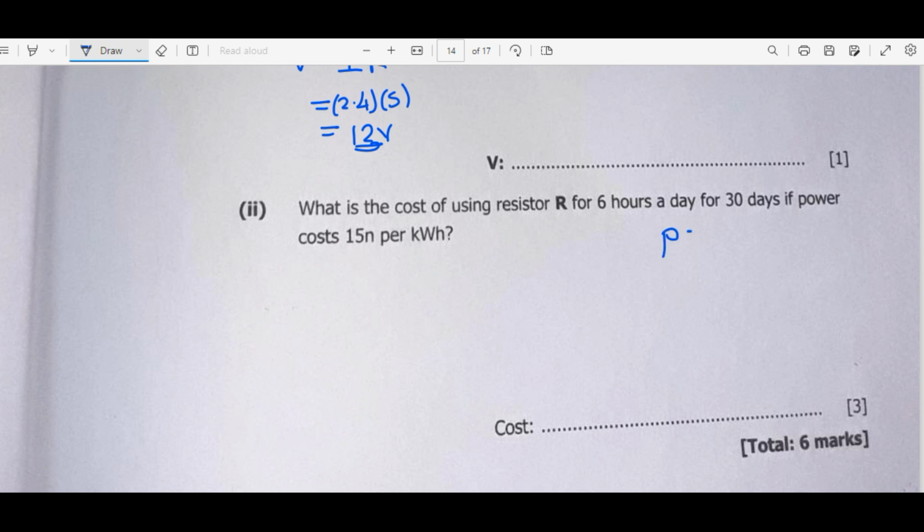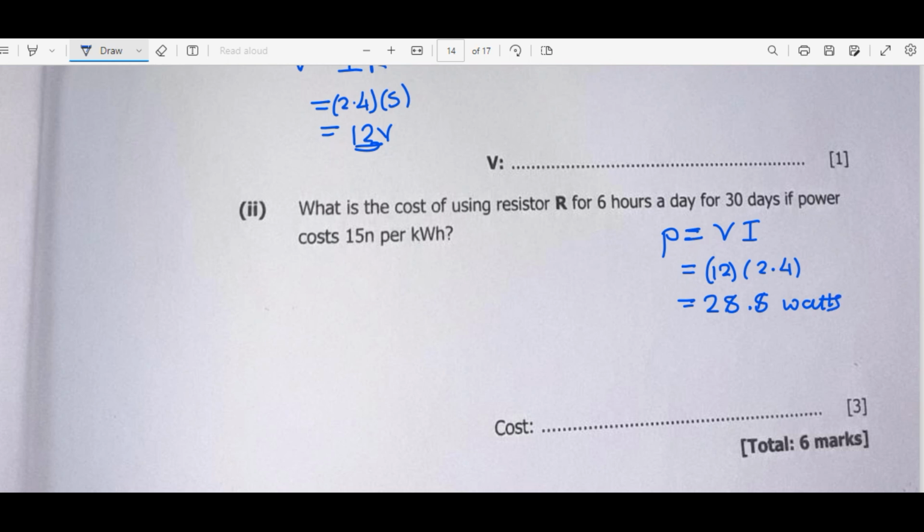So what's power? Power is equal to voltage times current. So remember, what's our voltage? 12 volts. Current 2.4. So what is 12 times 2.4? We get 28.8. This is our power in watts.